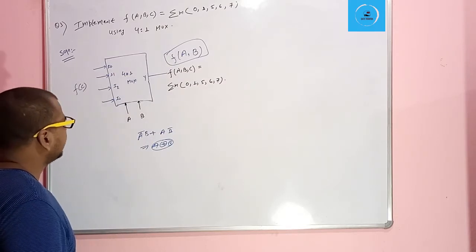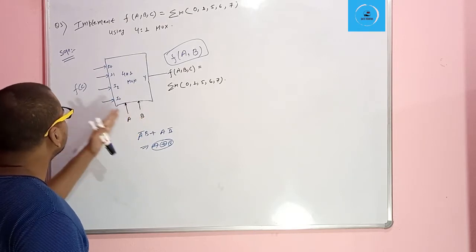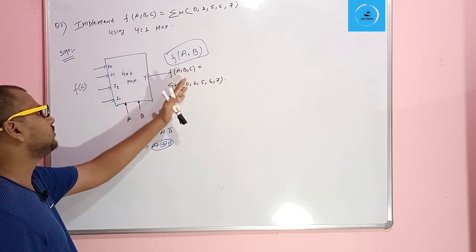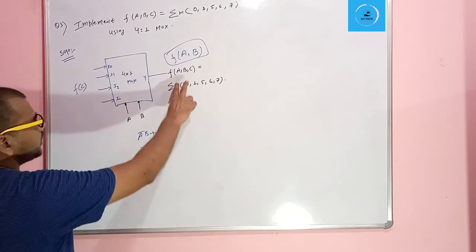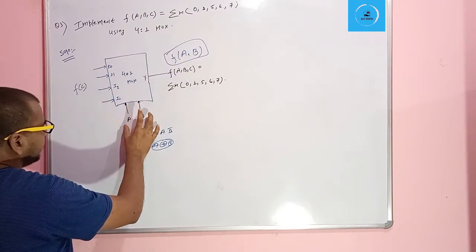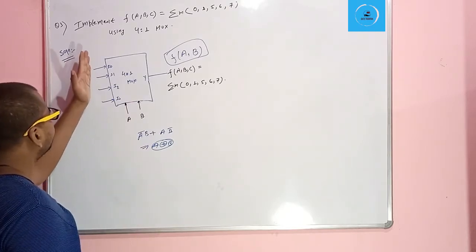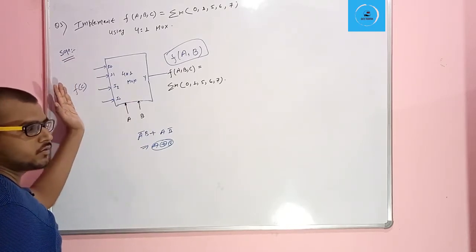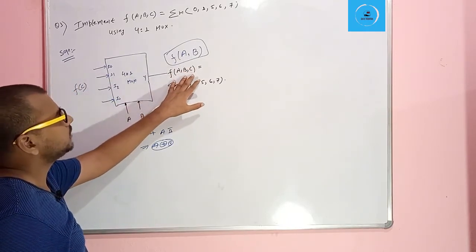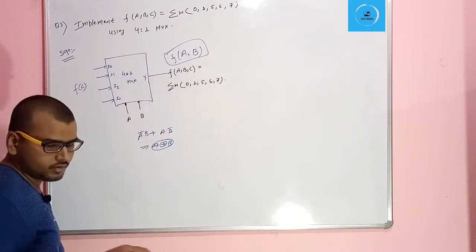Okay, meaning if we have selected a, b as the selective lines, and here we have selected any number, we will get the output which has the two literals a, b. But when we select a, b as the selective lines and give the input as the function f of c, then we are going to get the output which will be a function of a, b and c.